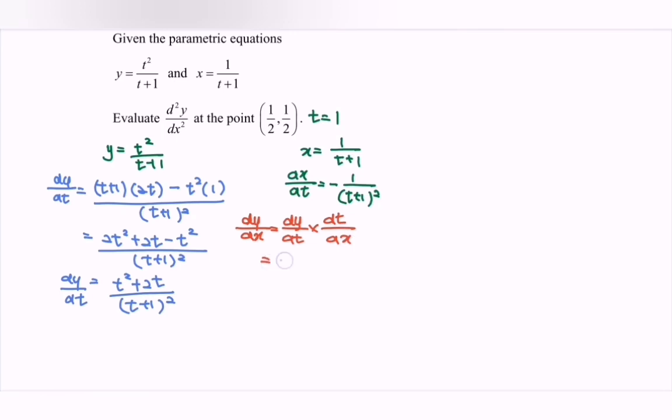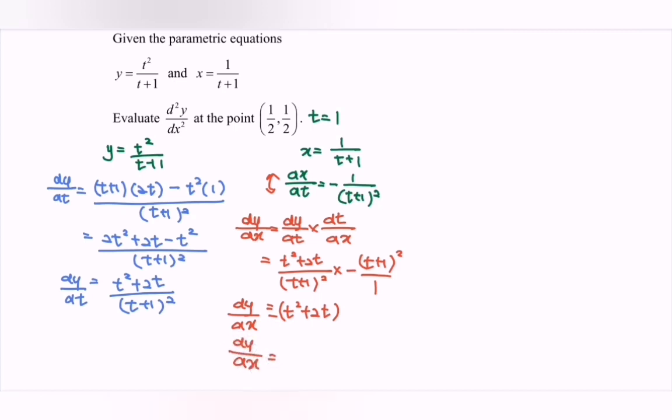Kindly substitute: we have t squared plus 2t over (t plus 1) squared, multiplied by the flipped form, negative (t plus 1) squared over 1. So as a conclusion, dy/dx equals negative t squared minus 2t.